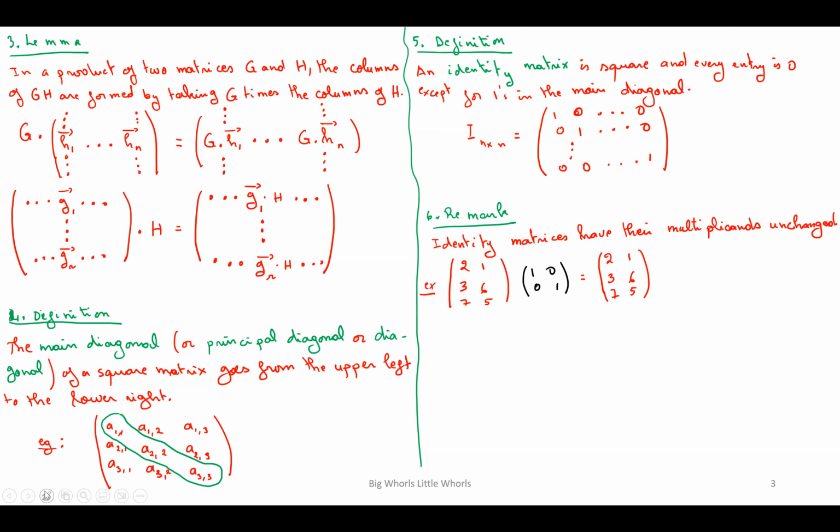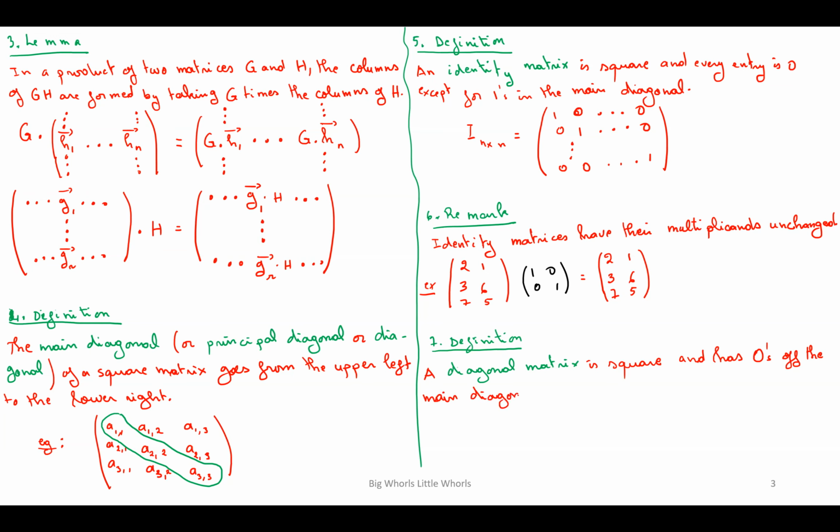So let's continue with this definition. Definition: a diagonal matrix is square and has zeros off the main diagonal.